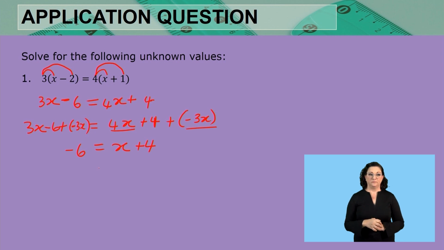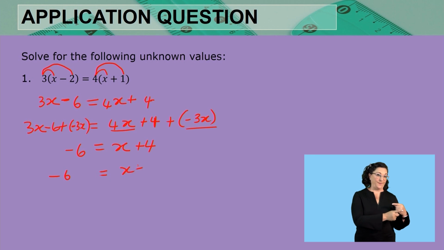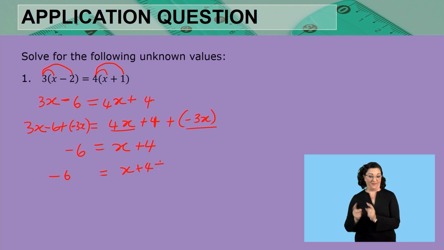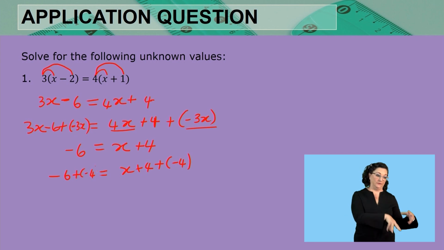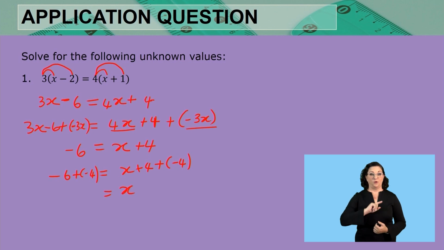We are going to use the additive inverse of a plus 4. Now the additive inverse of a plus 4 is a negative 4. So I'm going to add a negative 4 on both sides. So that leaves us with x on the right-hand side, and on the left-hand side, I have a negative 6 plus a negative 4, and that will give us a negative 10 as our answer.